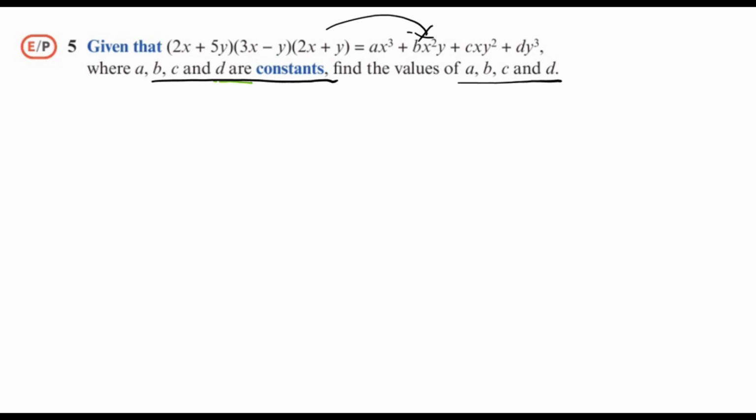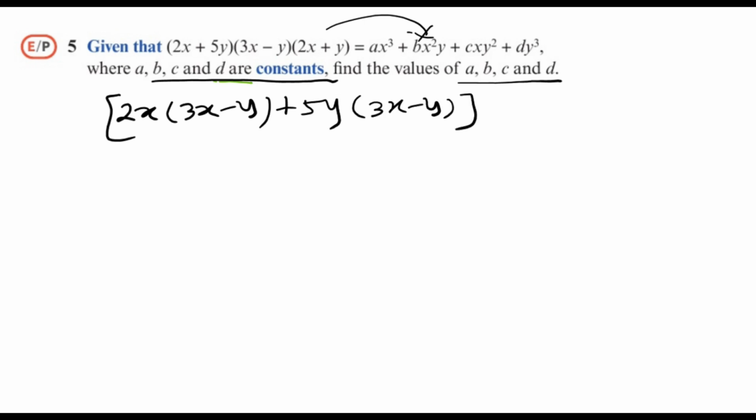Okay, let's start. First I will choose the first 2 brackets. So I can write 2x into 3x minus y plus 5y into 3x minus y. Close the bracket, 2x plus y.